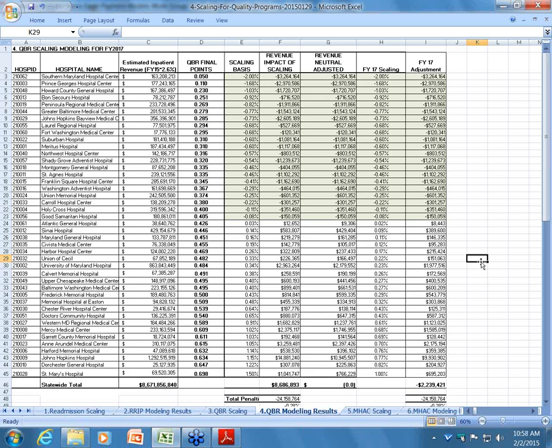But what is important is, in addition to the maximum penalty of 2%, we also need to fix the maximum reward, if you will, so that it is predictable. So we do not open the program to excess positive on the top side.